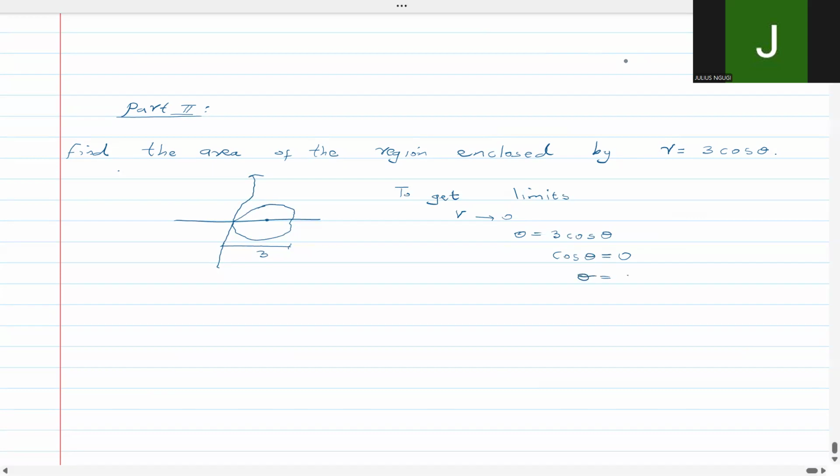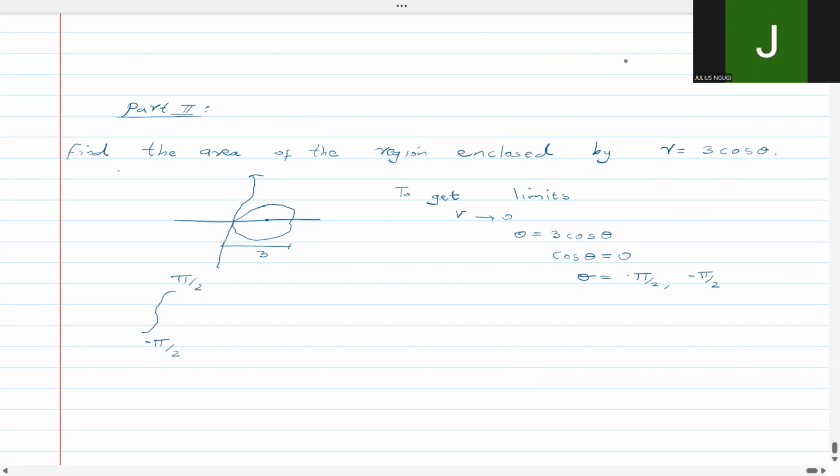No, it's pi over 2 and minus pi over 2 if you are to do one cycle.